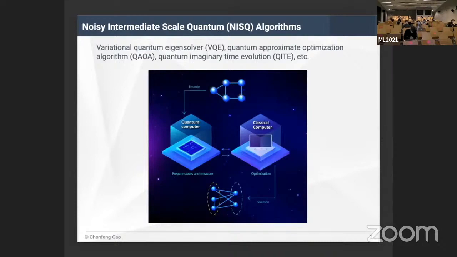We will call it QITE for short. These algorithms are also called hybrid quantum classical algorithms because we run the quantum evolution on a quantum computer and also use a classical computer to do some calculation. In this part, we will focus on QITE.